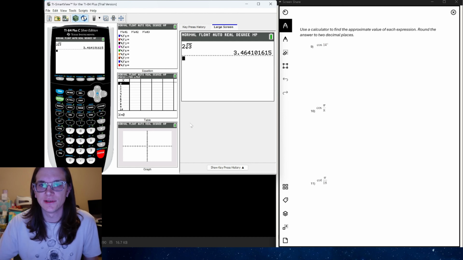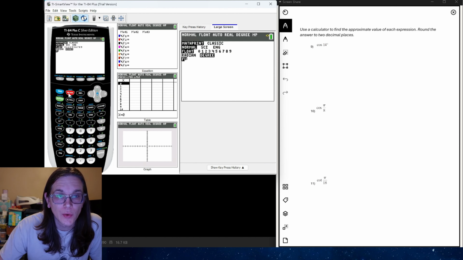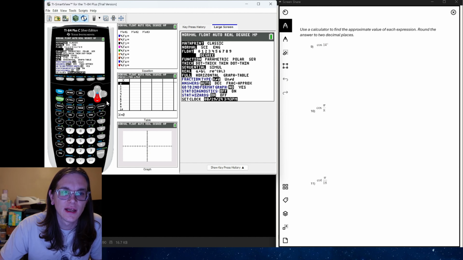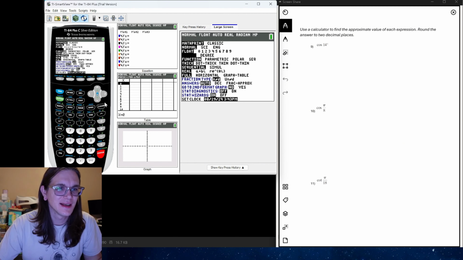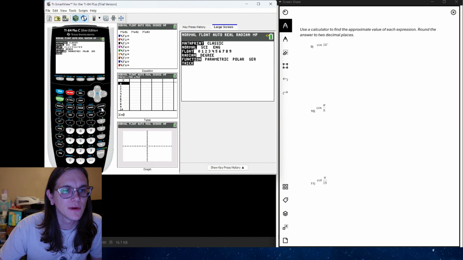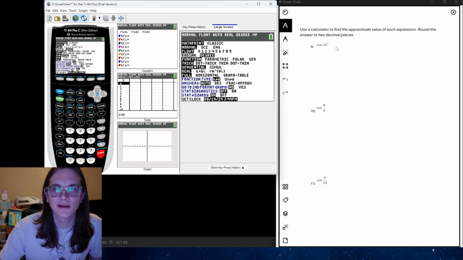Here we want to practice using a calculator, which is fun. So we have first step, mode, check, always check. You might think, I don't want to hit mode, I don't want to check, but it's just worth it. Mode down here to degrees, enter, okay, because we're working in degrees right here.